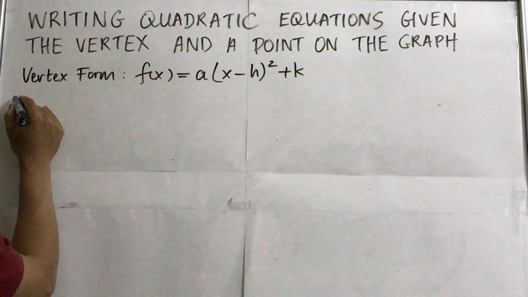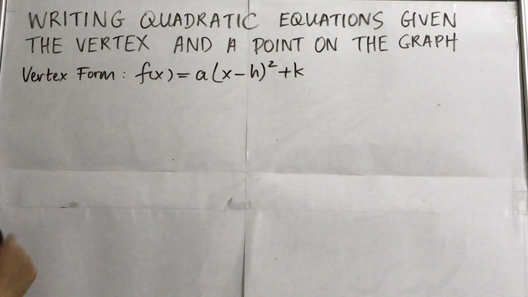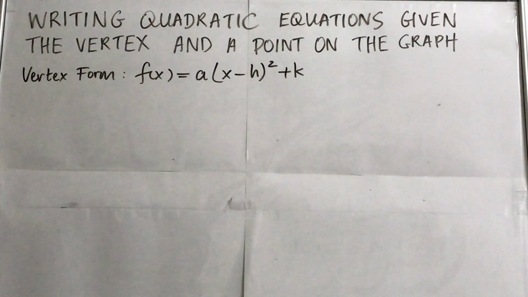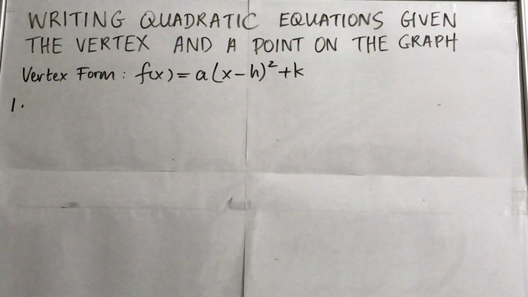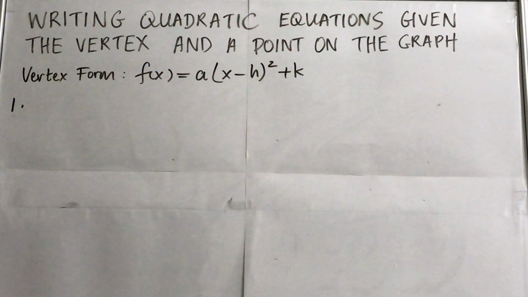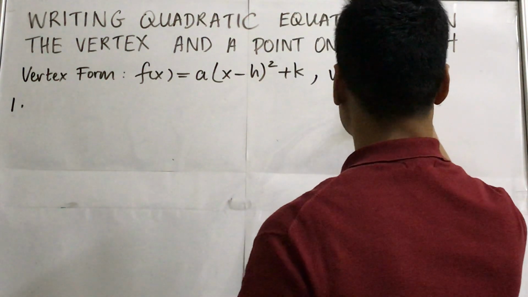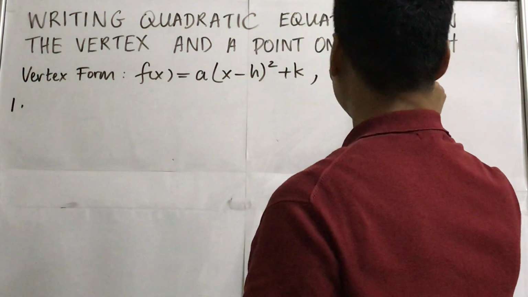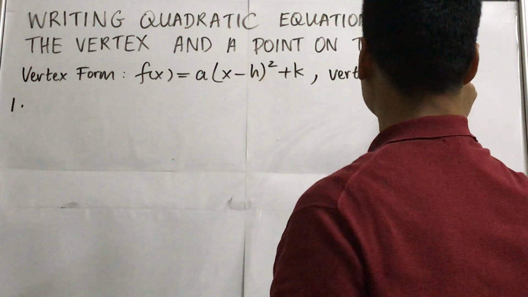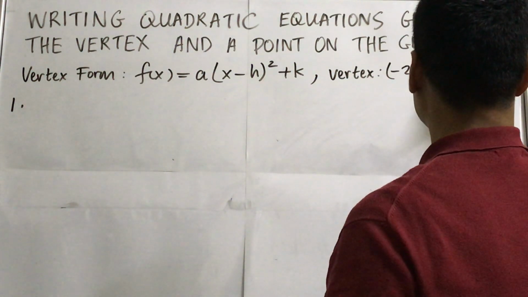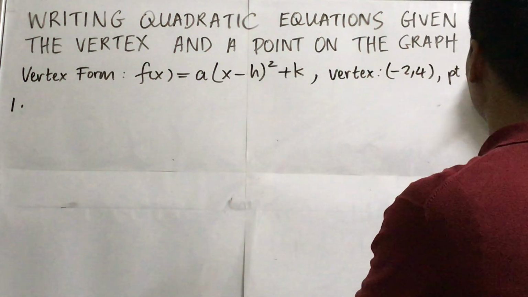Now in your step one, what do we do? You identify what you're given. You're given your vertex as -2, 4, and your point as 1, -5.